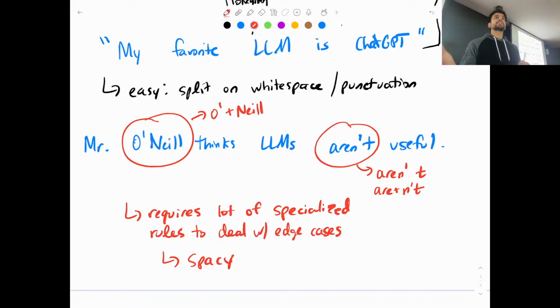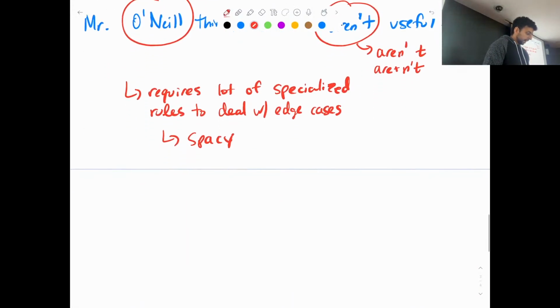But overall, it's just not a scalable method, especially when you consider that modern language models are not just trained on one language, but trained on many different languages of the world, also trained on things like code, maybe even trained on images. And so you have this white space tokenizer that just cannot keep up with the diversity and scale of the data that's coming in.